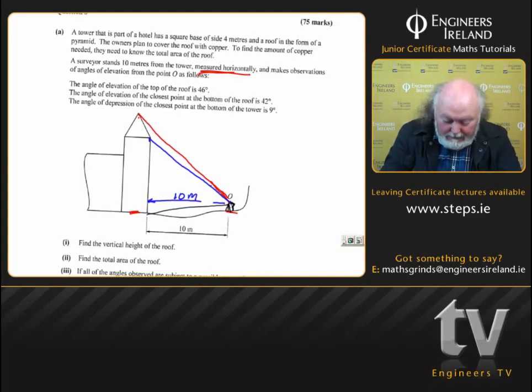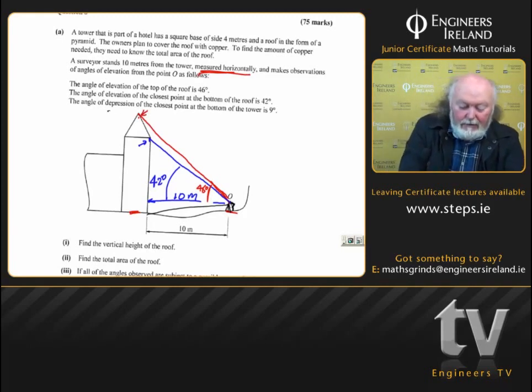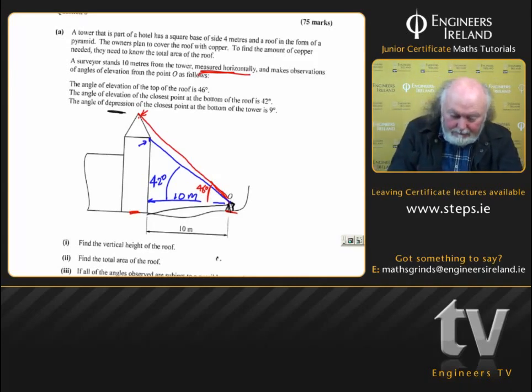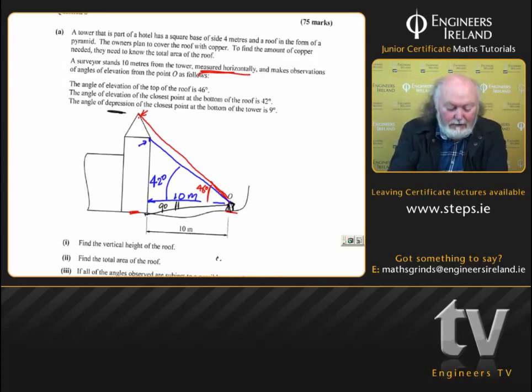He finds that he's got an angle of 46 degrees to the top of the roof. He's got an angle of 42 degrees to the base of the roof, to this point. And he's got an angle of depression, in other words a down angle, of 9 degrees here. That's to get you to the ground level, up the tower.